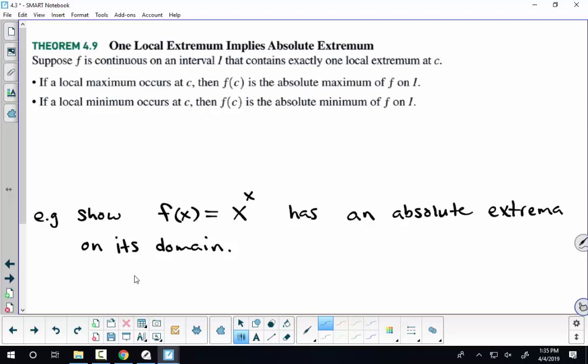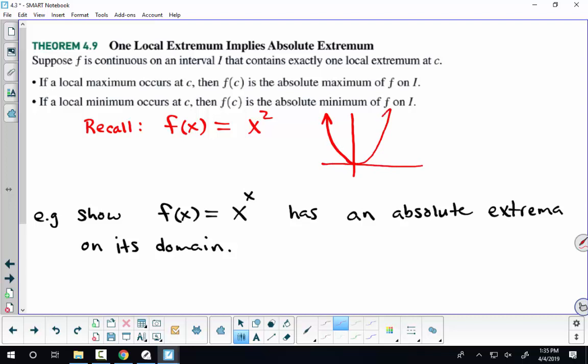maximum. And I think a really straightforward way to remember that is just to remember something like f of x equals x squared, where if we looked at the function on its domain, we would come up with the fact that it has a local minimum here, and no other extremes, no other minimums, no other maximums.